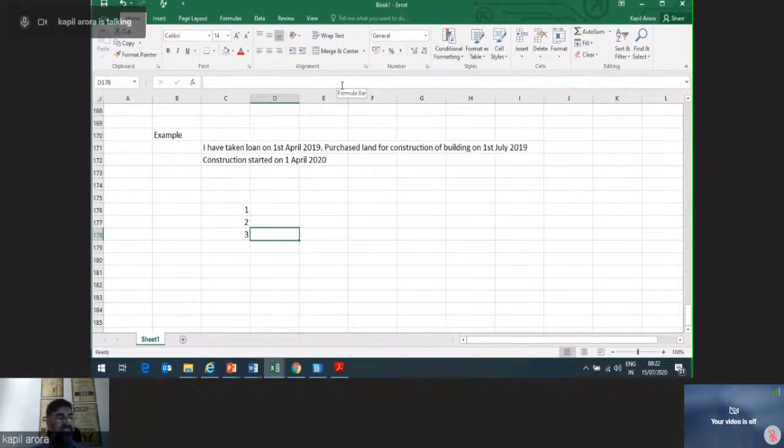If I purchase the land and not starting the construction for a longer period, then 1st July would not be considered. Because in this case, I am waiting for the next 9 months. So the construction is starting from 1st April, so my borrowing cost will start from 1st April 2020.